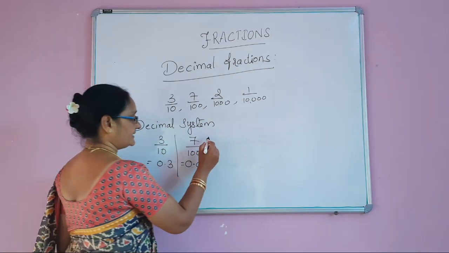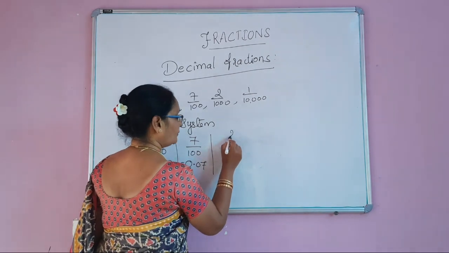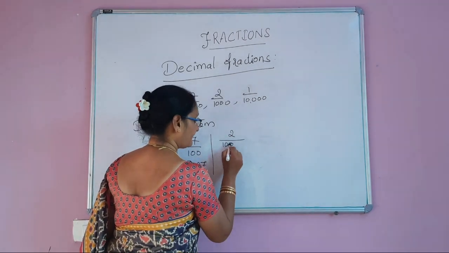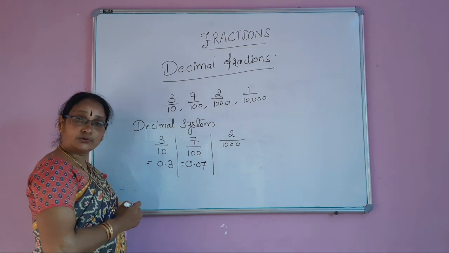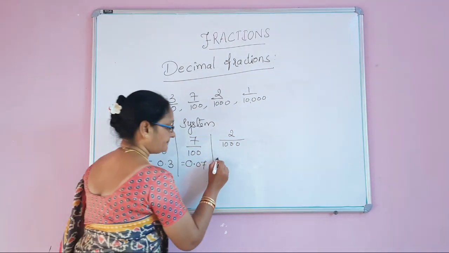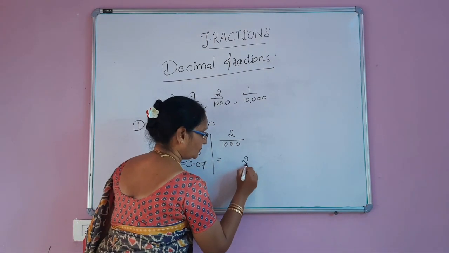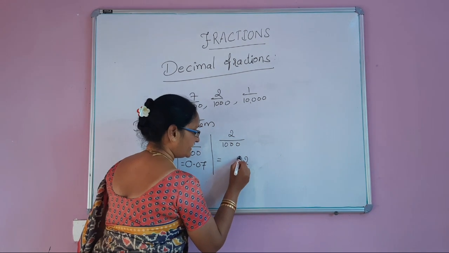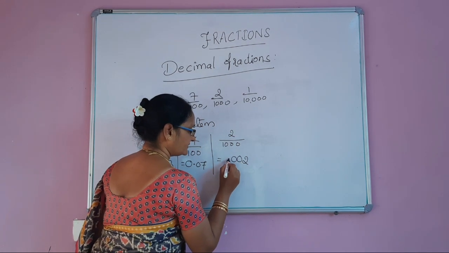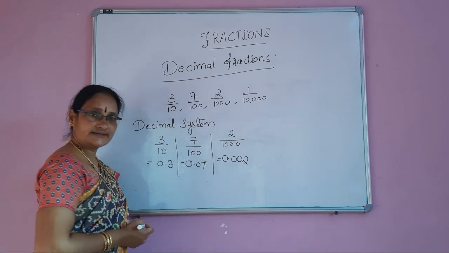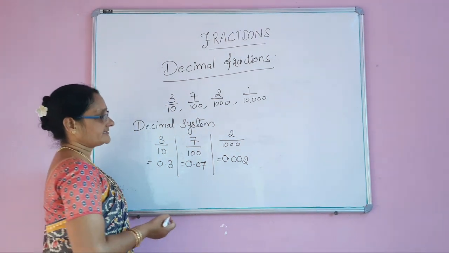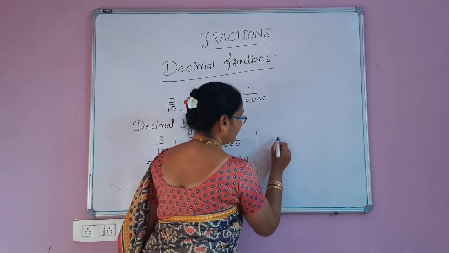And then in the same way 2 by 1000. How to write 2 by 1000 in decimal system? See here, 2, units, tens, 100, thousands. 0.002. In the same way 1 by 10,000 also.